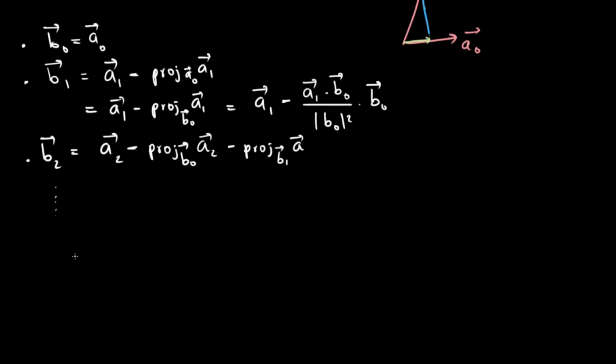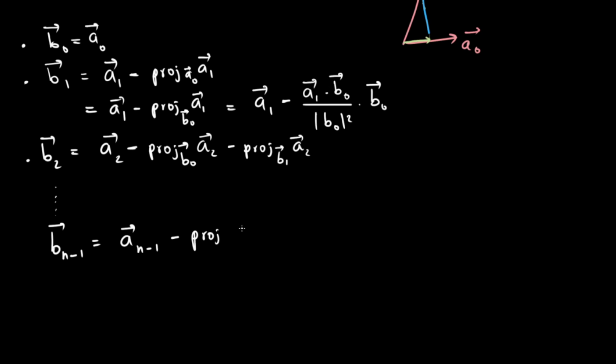Finally we get b of n minus 1 equal to a of n minus 1, subtract this. We can write it as a sum, or we can write it overall. So to write it all, we project a, this is a2.